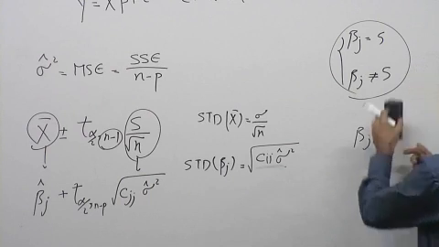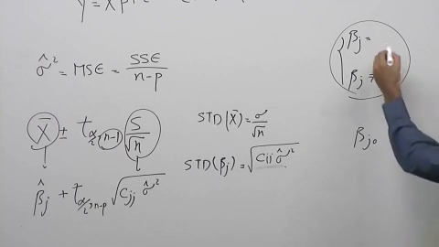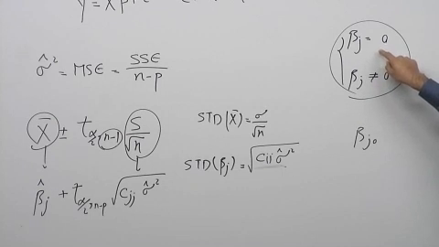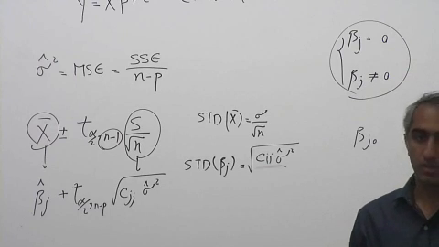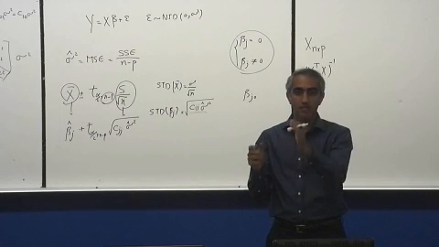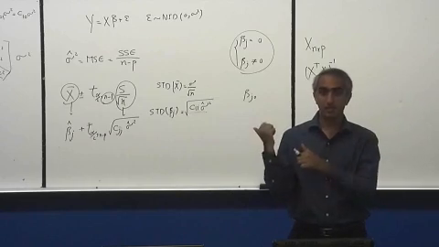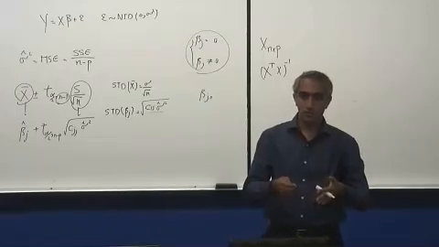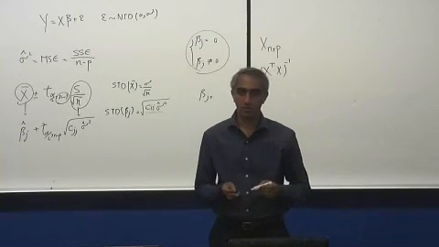Because this hypothesis test can tell you whether this variable is important or not: beta j is 0 versus beta j is not 0. If you cannot reject H null, it means the beta j you estimated is actually 0, which means that variable is not significant in your prediction model. That's why you can exclude that variable. So the only variable selection that you learn in this class is this one. You include everything in the model and check the hypothesis testing. If it is 0, you exclude it. If it is not, you keep it in the model.